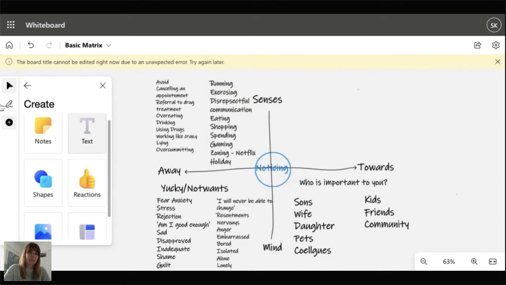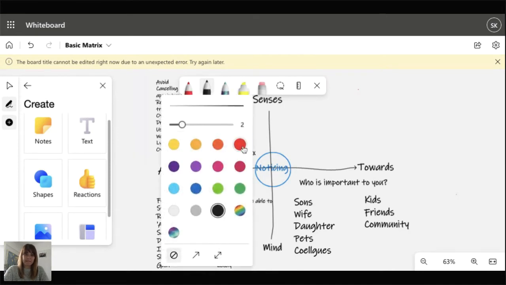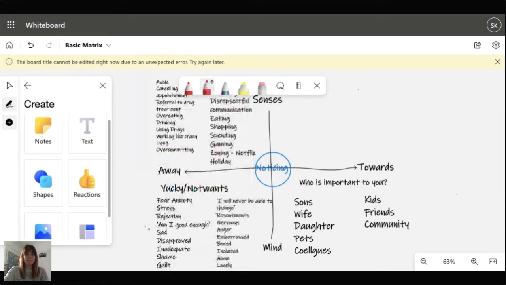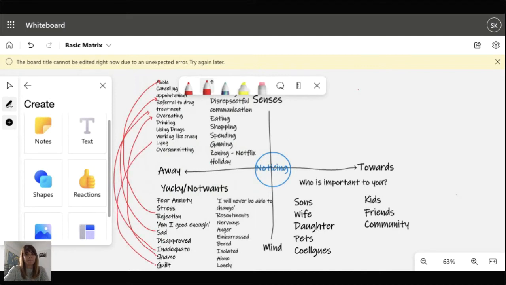Okay, so on this side, we'll do some arrows which indicate what's happening. So when yucky stuff shows up, stress, we find behaviours to get relief. Some of them are helpful, some of them are not so helpful.